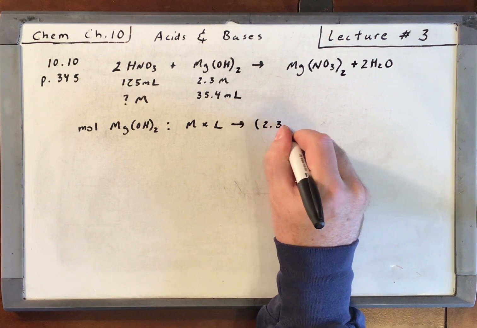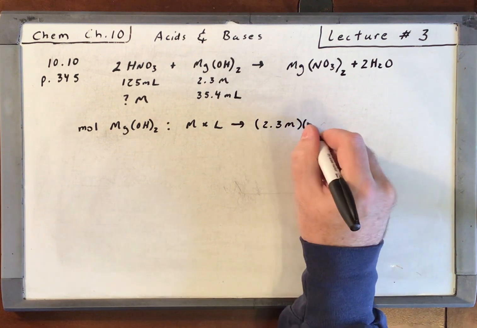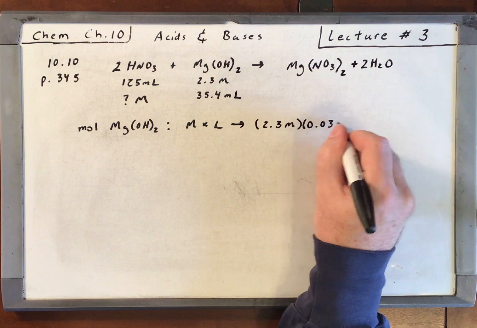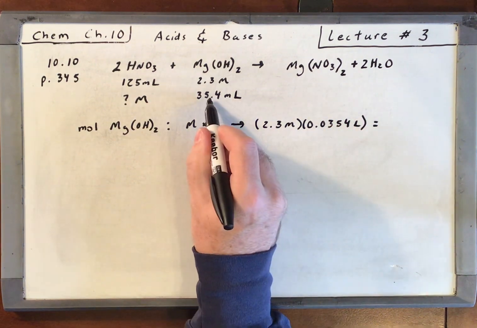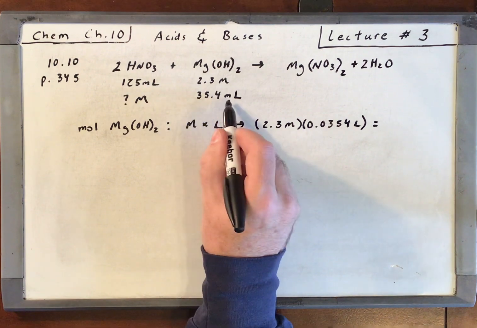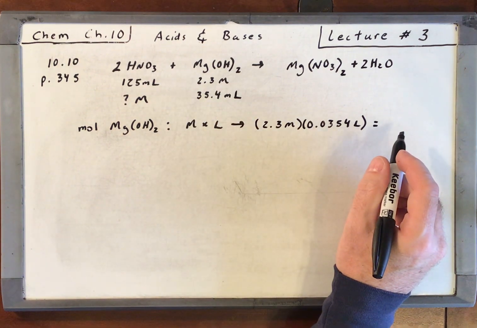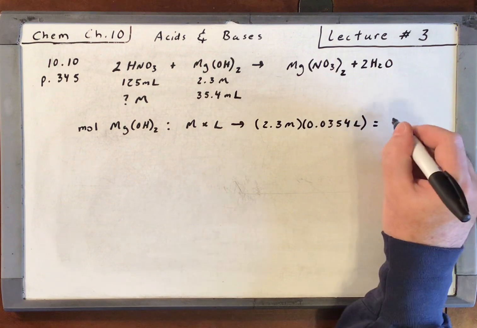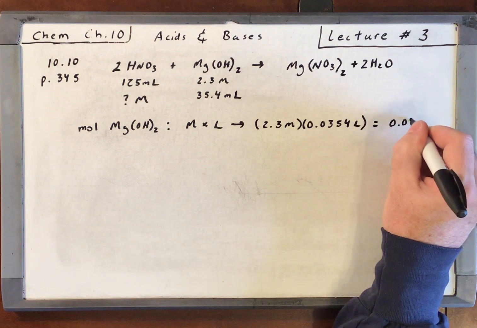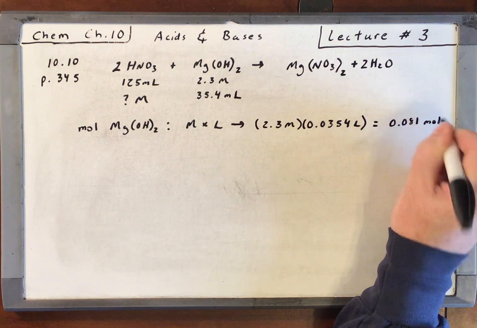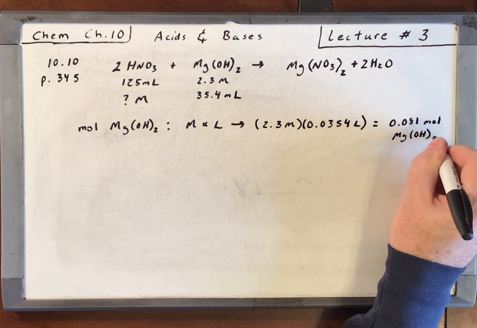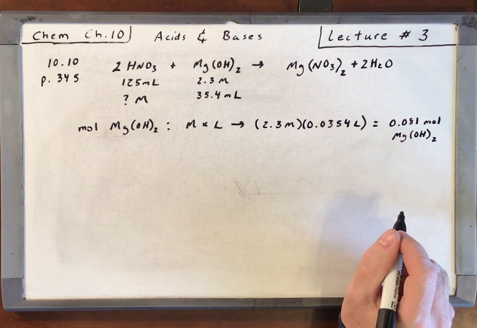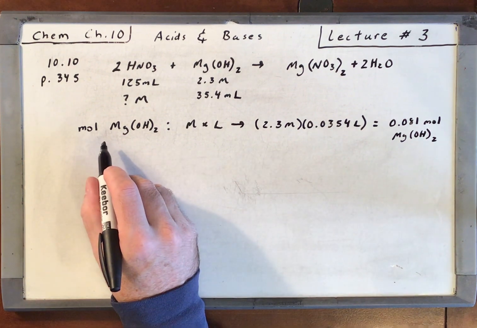So that's 2.3 molar times 0.0354 liters. Move it 3 places to the left to get liters. All right, that is 0.081 moles of Mg(OH)2, magnesium hydroxide.